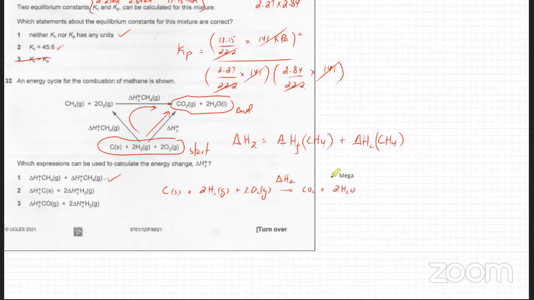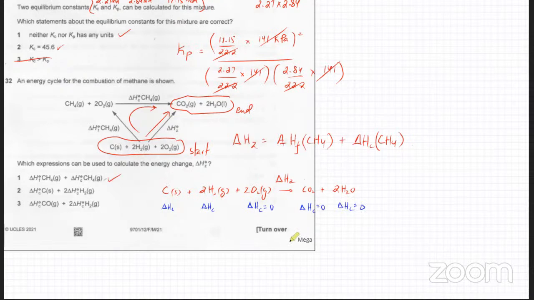What are the different methods that you studied in the Hess cycle? One was that if you're given enthalpy of combustion, because the second option is about enthalpy of combustion. If you're given the enthalpy of combustion of carbon and of H2, then the enthalpy of combustion of O2, CO2 and H2O are all 0 because they don't burn.